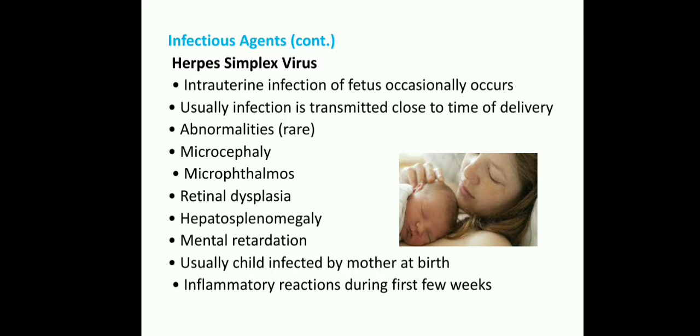Abnormalities are rare: microcephaly, microophthalmos, retinal dysplasia, hepatosplenomegaly, mental retardation. Usually the child is infected by the mother at birth. In intrauterine life it sometimes may transmit through the placenta, but usually the baby is infected during delivery itself. Next is inflammatory reactions during the first few weeks. Okay, these are the herpes simplex virus conditions.